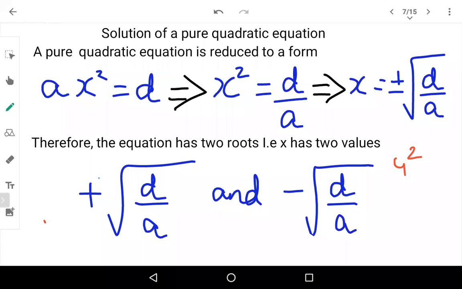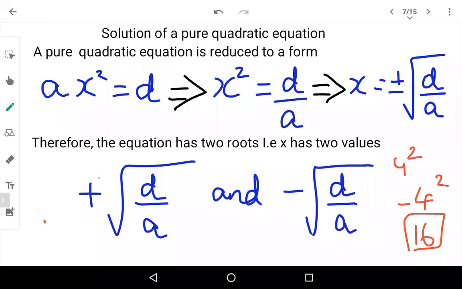Now can you tell me what is the value of minus 4 square? 16 again. Do you get plus 16 or minus 16? Are you sure it is minus? It's plus 16. People who answered minus, do not get confused.